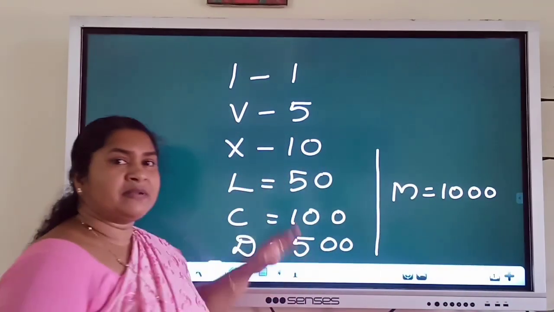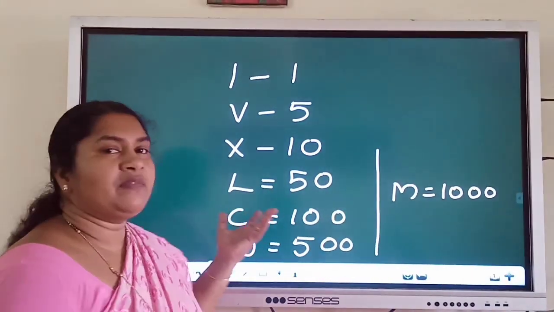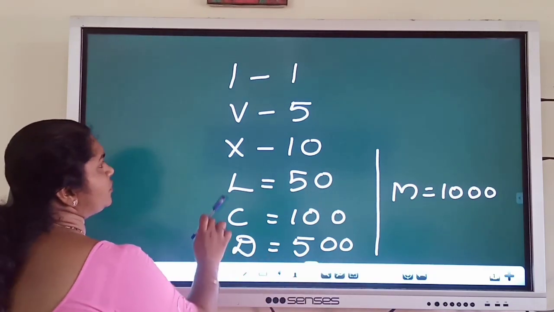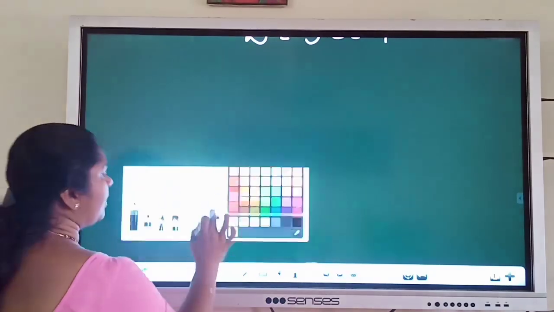So with these symbols only we are moving to the next part also. We are not given any other letters to write this number. So now we move to 1 to 10 once more. Already you have done, but once more we have to keep in mind.